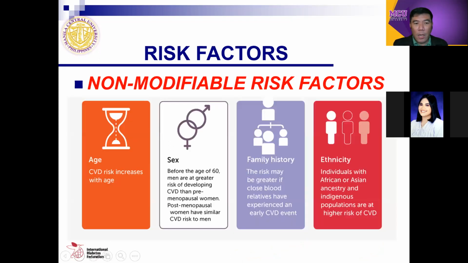To have a deeper understanding on this, tulad nito age, sabi ko nga sa inyo, as the age increases, you could be at high risk of a certain disease. Sa gender naman, as what I've told you, at the age of 60, men are at greater risk of cardiovascular disease than premenopausal women. Premenopausal meaning, kung for example, before 60 years old.